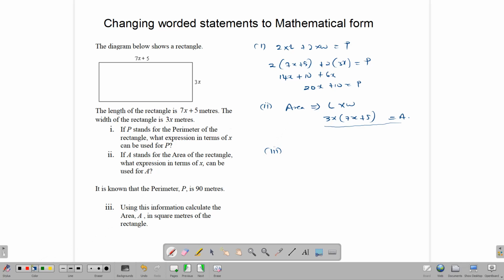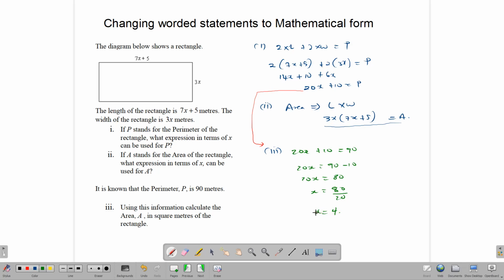So let's use this expression that we just found for perimeter. 20x plus 10, we are told, is equal to 90. Now 20x is therefore equal to 90 take away 10. And 20x is therefore equal to 80, which means that x is equal to 80 over 20, which is equal to 4.